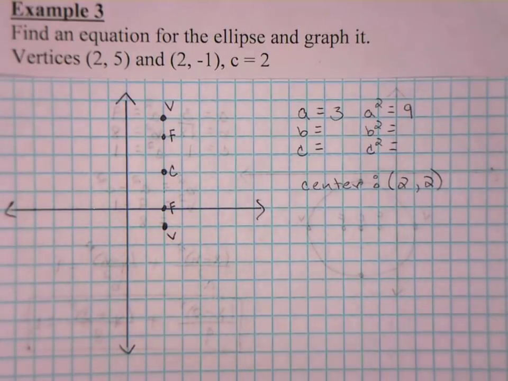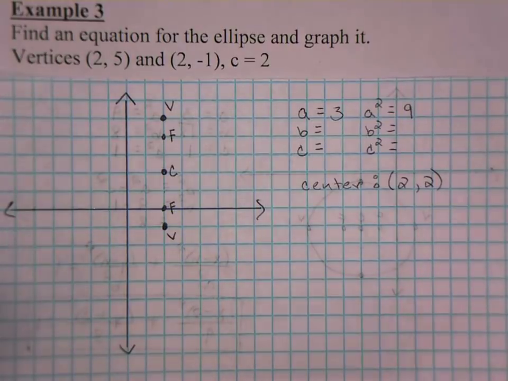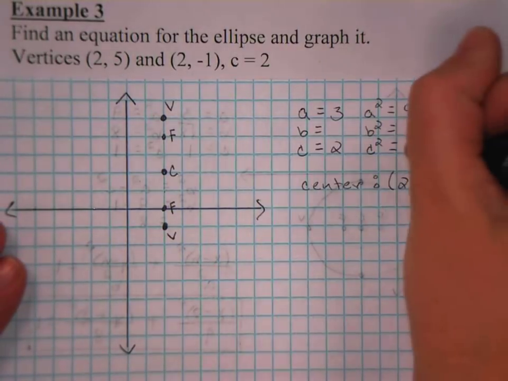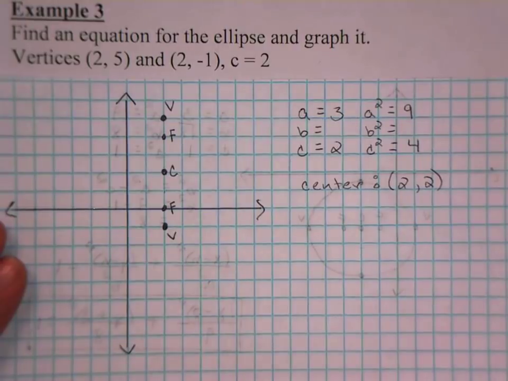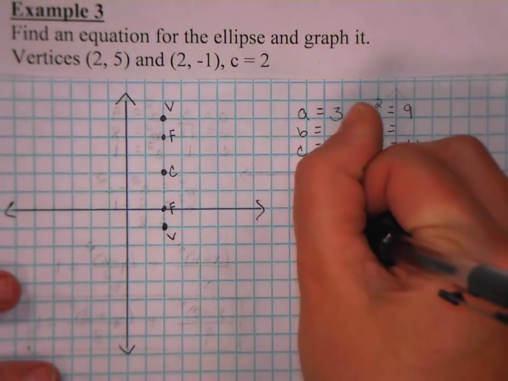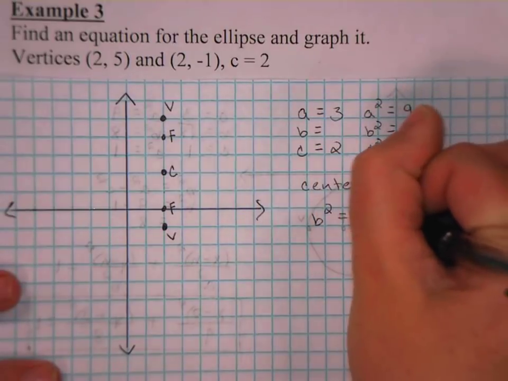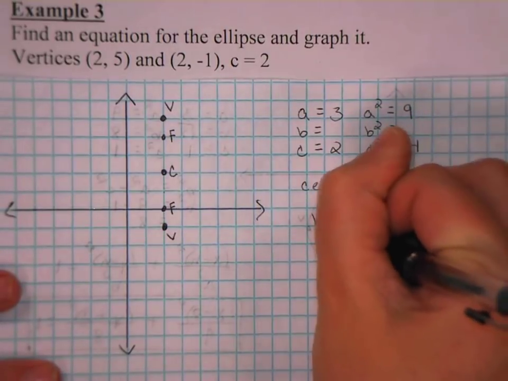Looks like the only thing that's missing in order for me to find my equation and to finish the graph would be to figure out what b and b squared are. So if I know c is 2, I should write that in. c squared is 4. I can use what I know about a squared and c squared to find b squared. b squared equals a squared minus c squared.